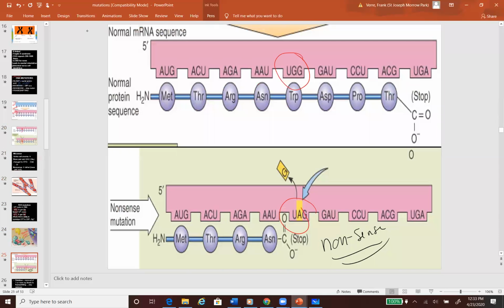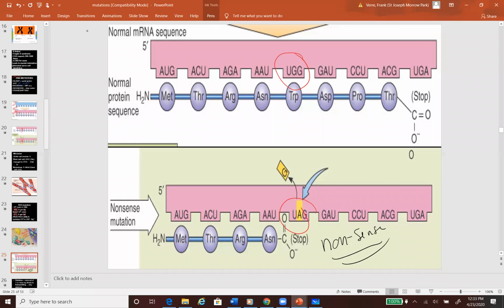But if I look at a nonsense mutation, do you think it's likely that a nonsense mutation will be silent? In other words, will have no effect? I mean, you are missing a chunk of the protein. Do you think it's more likely that that's going to have an effect, or less likely? Julie, what do you think?